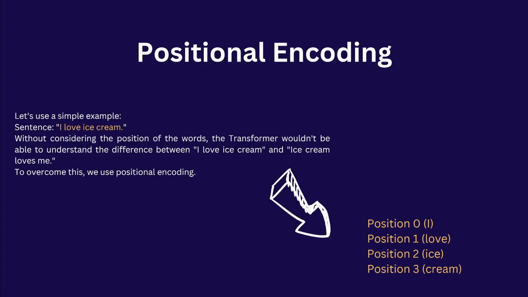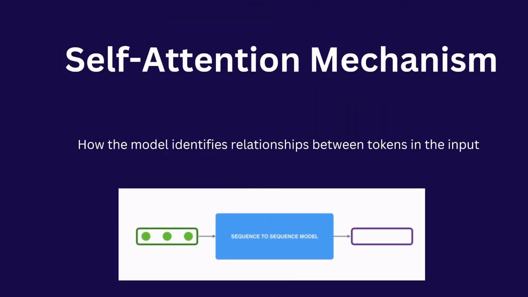This way, the transformer can differentiate between words based on their positions in the sequence. In this way, it allows us to understand the context and the relationships between words more effectively. So positional encoding is a very powerful technique used to position each token in a sequence, in a sentence, or a paragraph.